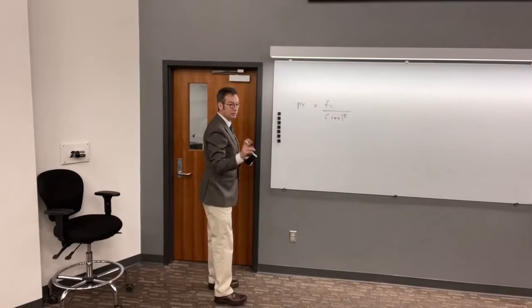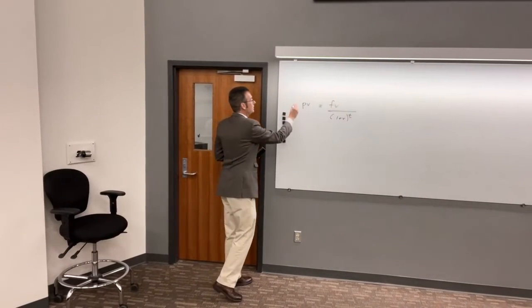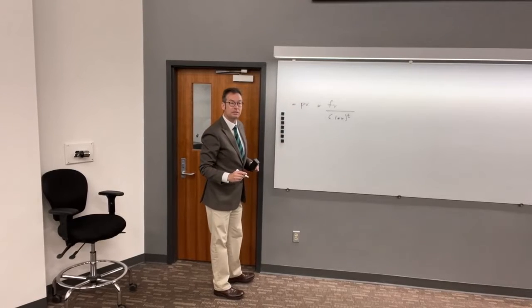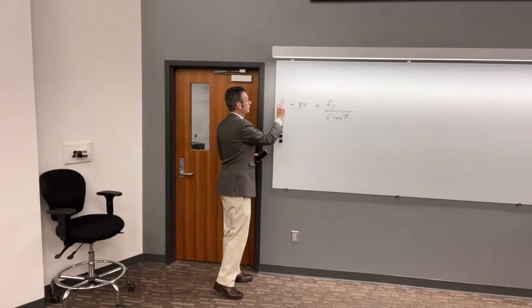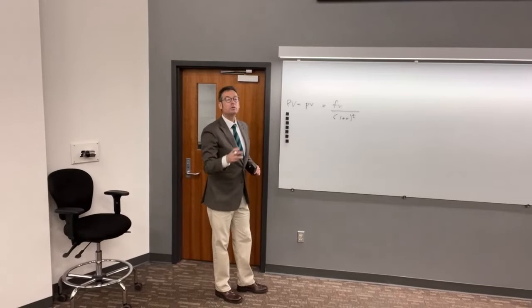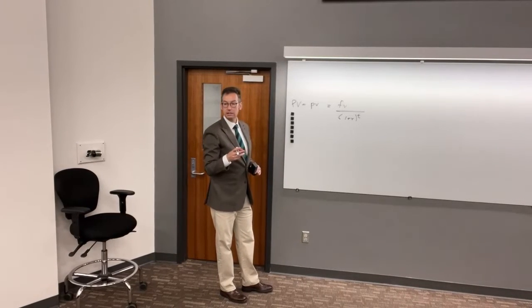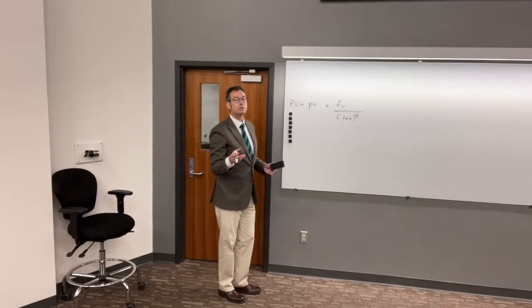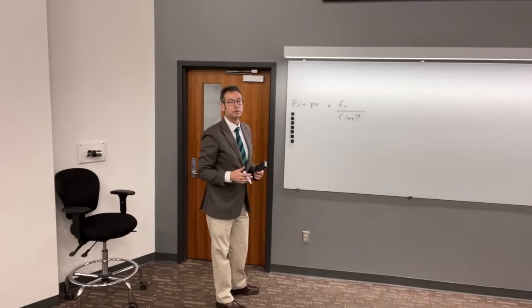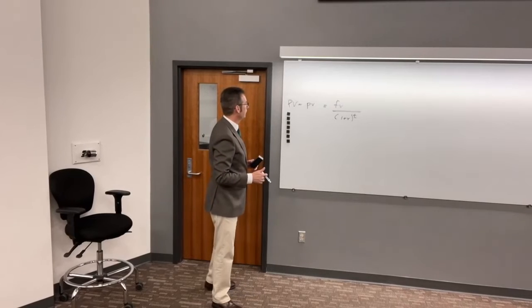Now, something else to keep in mind is that this little PV is going to be the same in nominal and real terms. The time zero cash flow is exactly the same, because there's no time for inflation to do its magic, right?